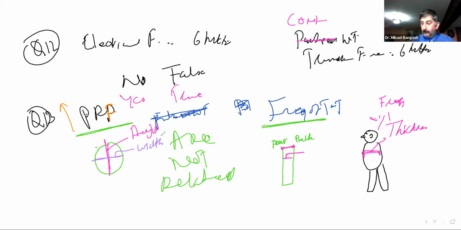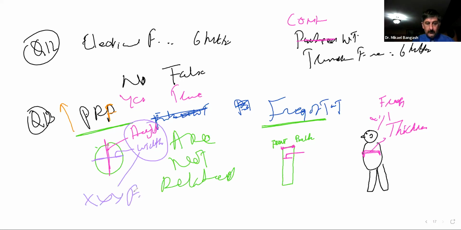Is that clear? But neither of these two will determine the frequency of the PCT, or the frequency of the transducer, sorry. But the thickness does.